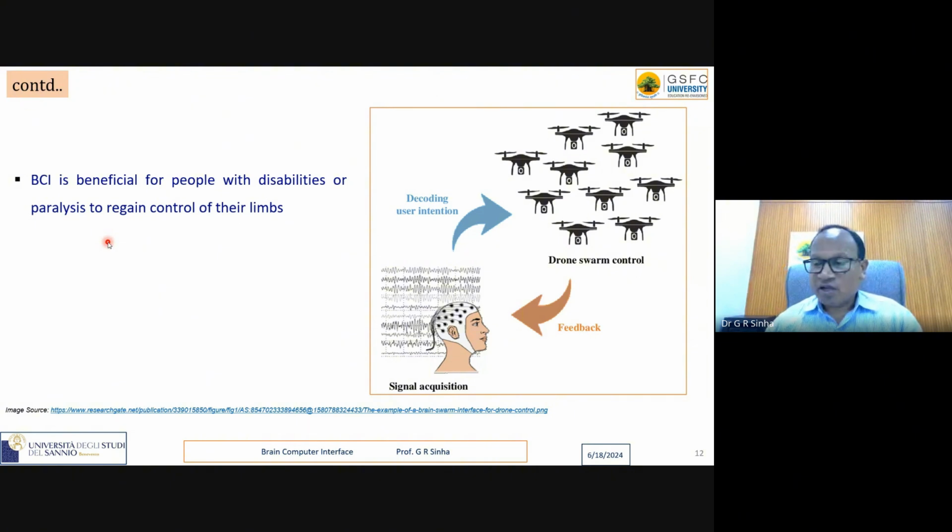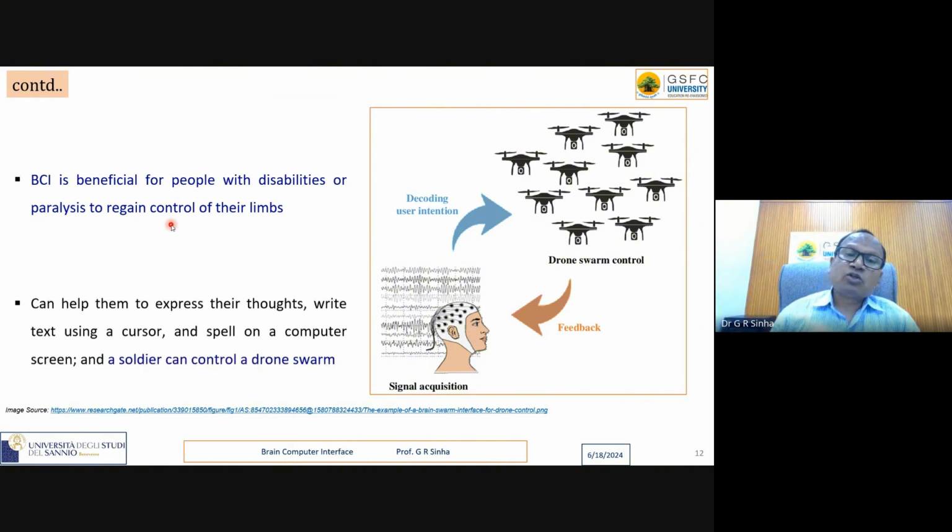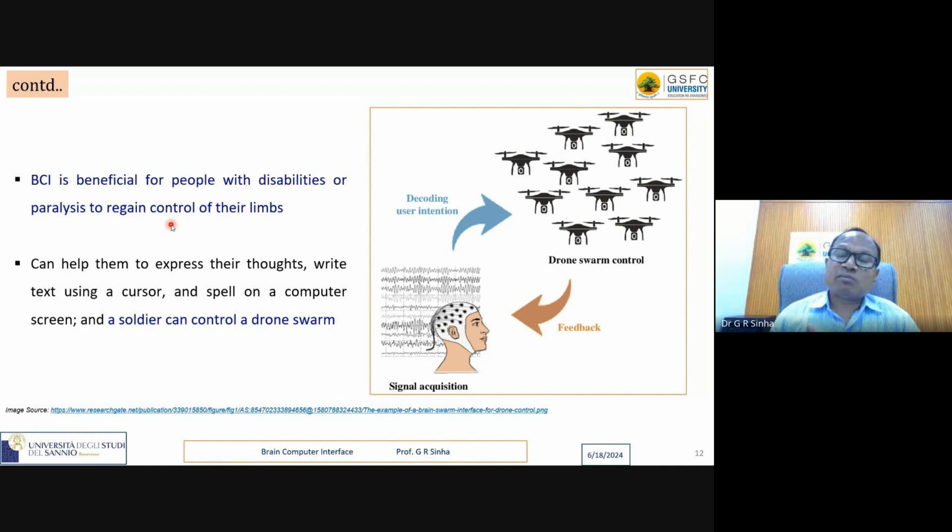So therefore, the brain computer interface is very useful for people, especially with some disabilities or disorders. It is useful for persons who are suffering with some paralysis to regain control of their limbs. Those who are not able to walk, not able to move their hands, not able to move their legs. BCI can help them to express their thoughts, write text using a cursor.